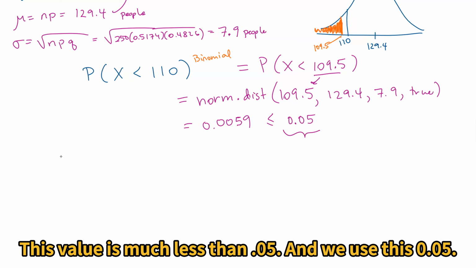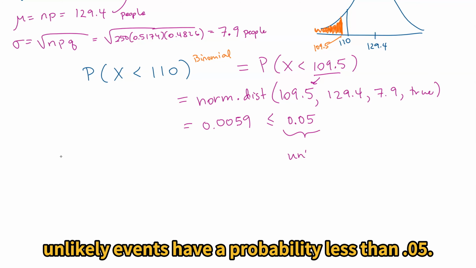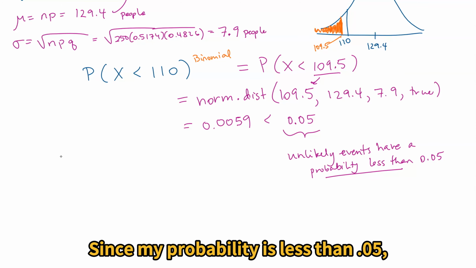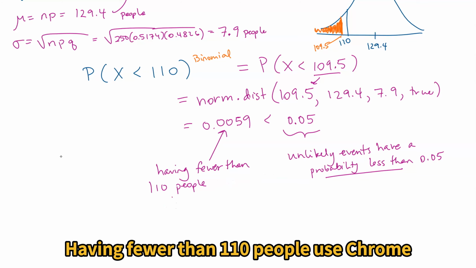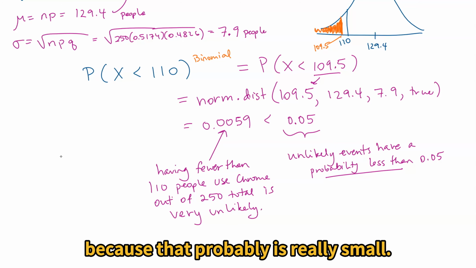And we use this 0.05, this has come up before. We say that unlikely events have a probability less than 0.05. Since my probability is less than 0.05, having fewer than 110 people use Chrome out of 250 total is pretty unlikely. It's unlikely to happen because that probability is really small.